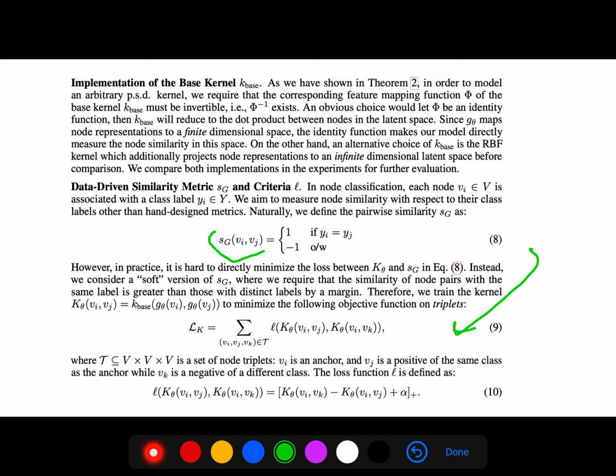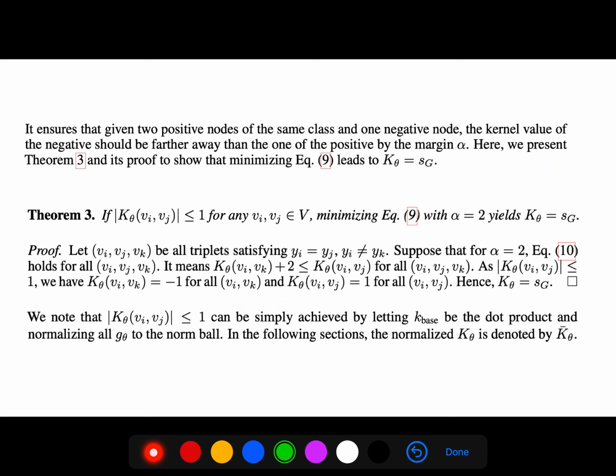So if Vi is our anchor point and Vj is a positive of the same class as the anchor, while Vk is negative, then we can define this loss. This is a simple triplet loss that you know from contrastive learning, from machine learning in general.